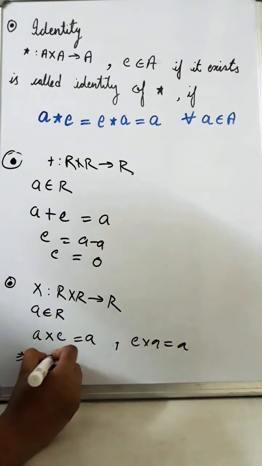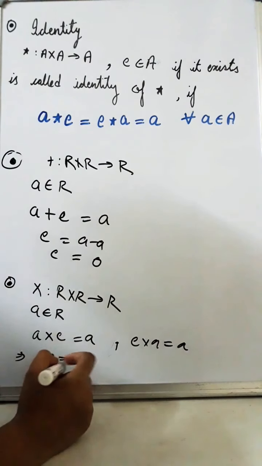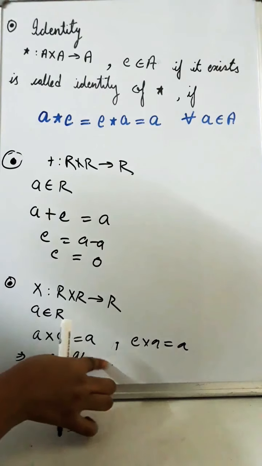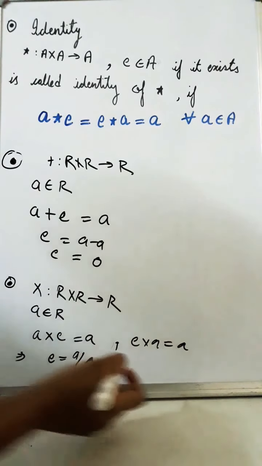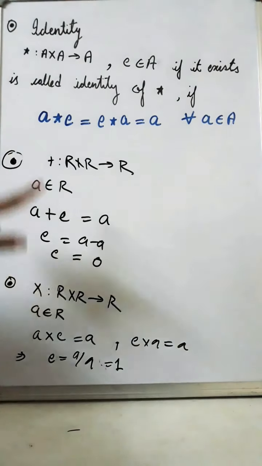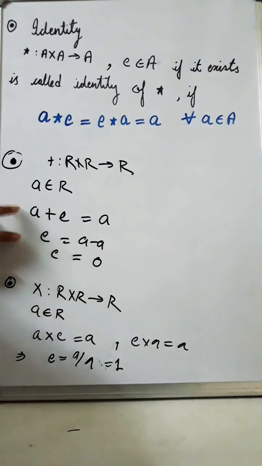So you see, E is A divided by A, which is equal to 1. So you got the identity for multiplication is 1. The identity for addition is 0. So this is how you find the identity.